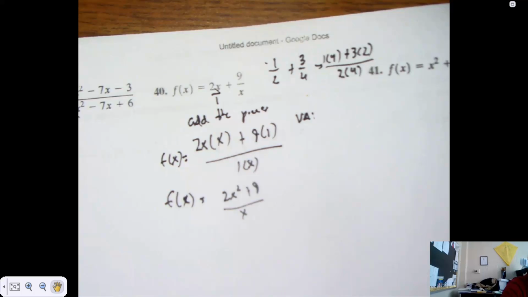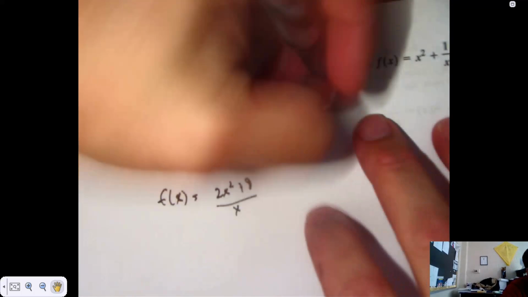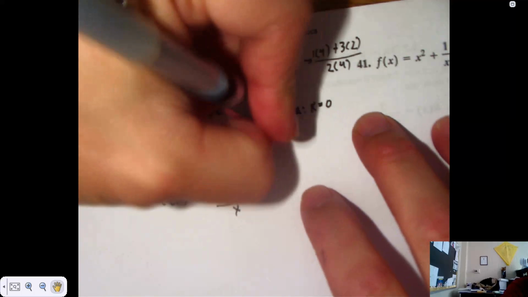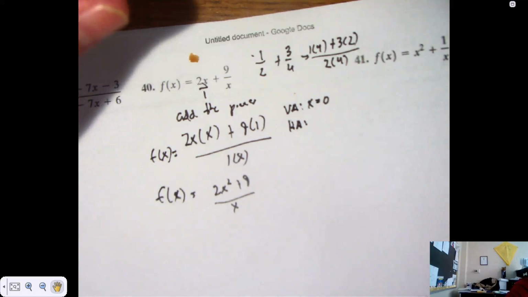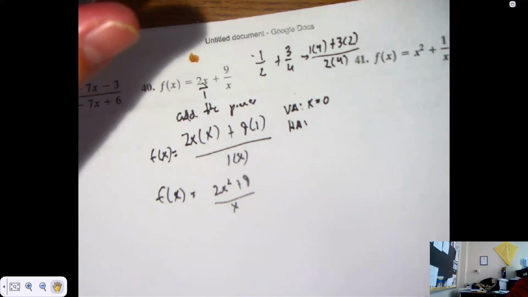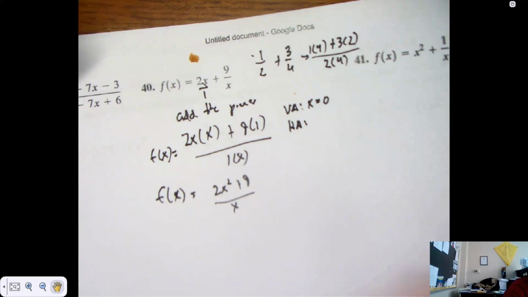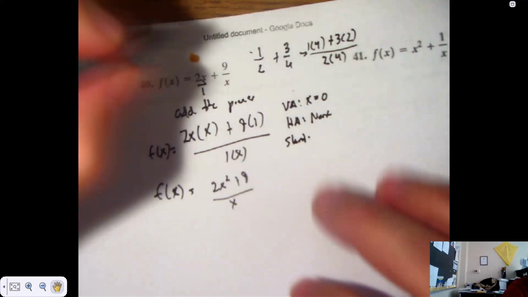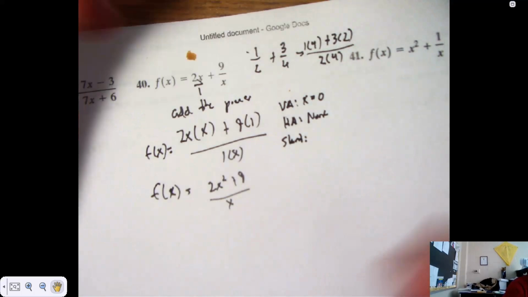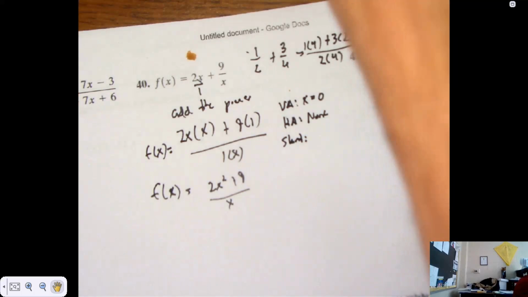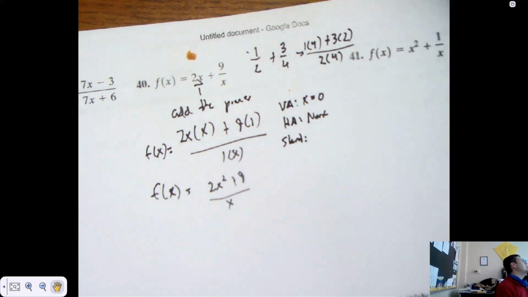Vertical asymptotes happen when you divide by what? So where is its vertical asymptote? Let's add x equals 0. Is there a horizontal asymptote? No, because the degree of the numerator is 1 higher than that of the denominator. There is none. Is there a slant? There is a slant asymptote. Slant asymptote happens when the degree of the numerator is exactly 1 higher than that of the denominator.